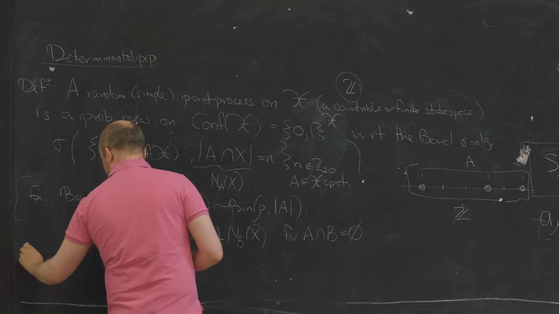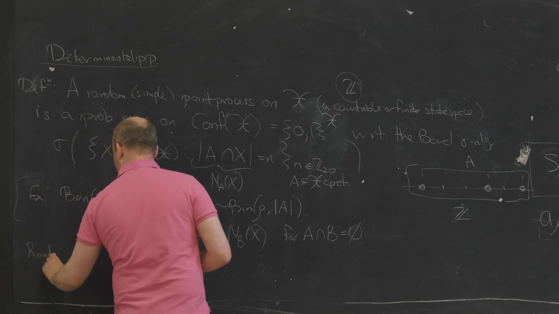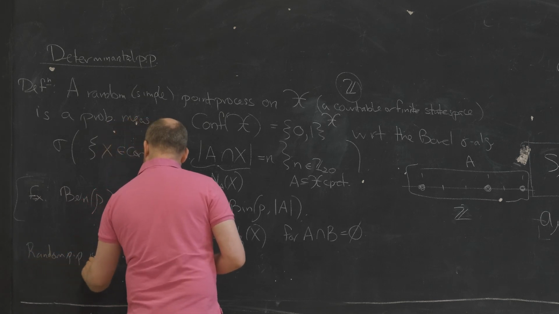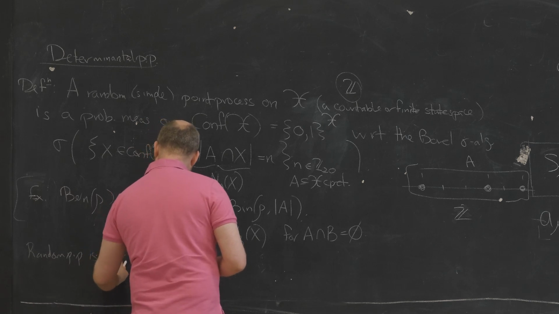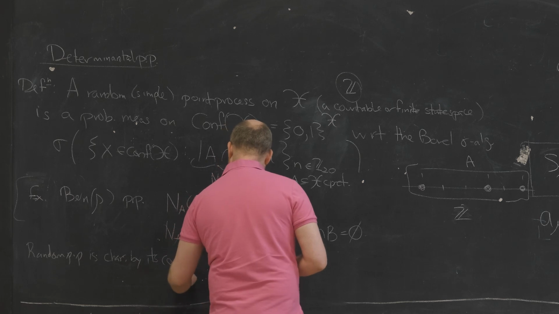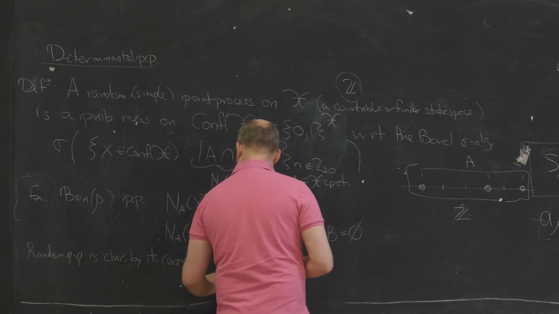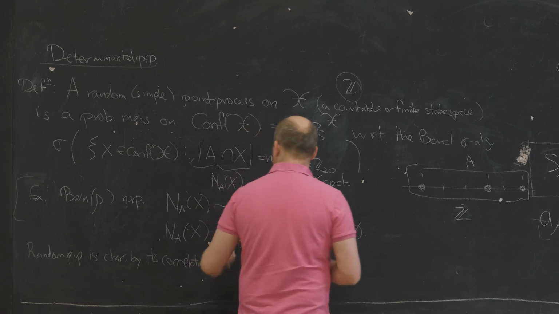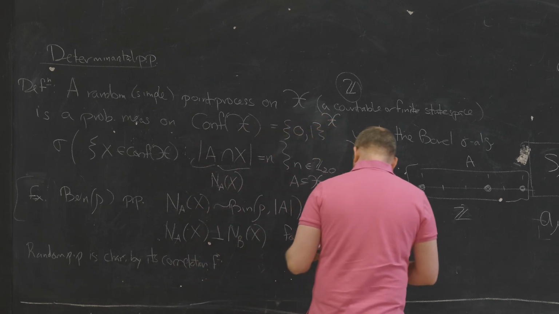So a random point process is characterized completely by its correlation functions. Correlation functions are essentially what I've been talking about here.